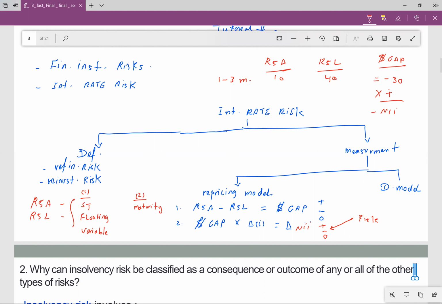Minus times plus. This is the change in I, and it is plus, so I have a minus. This is where we come here to this risk.